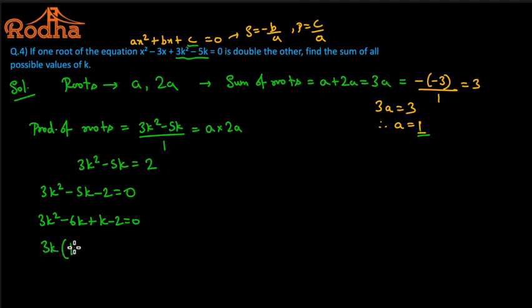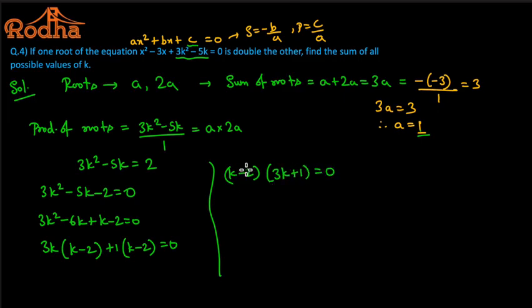I took 3k common, so k minus 2 plus 1 times k minus 2 is equal to 0. Now k minus 2 taken as common into 3k plus 1 is equal to 0. So I got k is equal to 2 or k is equal to minus 1 by 3.